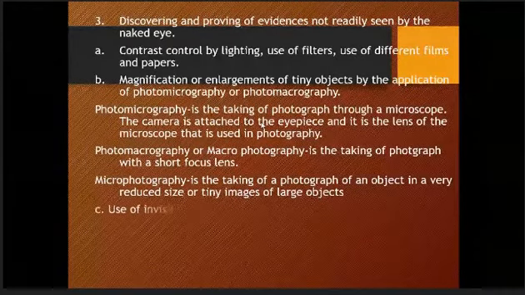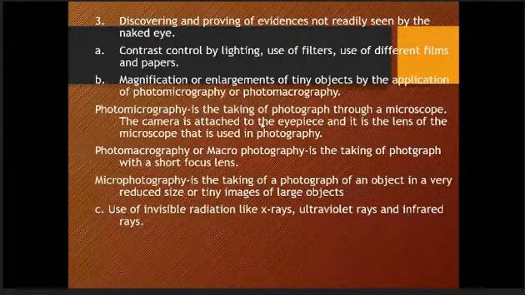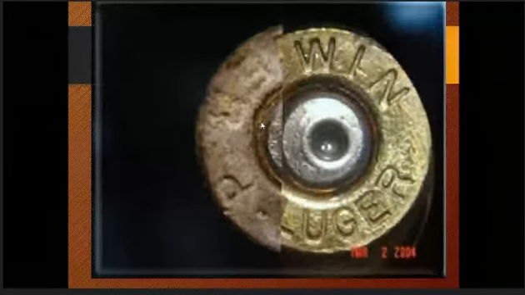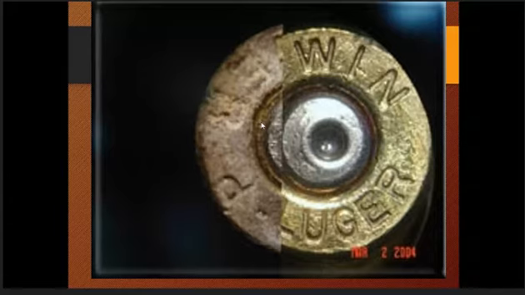With the use of X-rays, like this one, in ballistics, what kind of ammunition is this, guys? This is 9mm, invented by George Luger, the inventor of the 9mm parabellum cartridge.